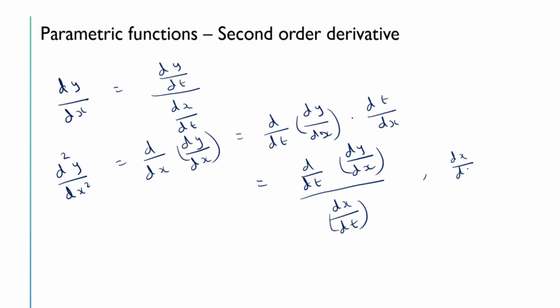So again dx by dt is not equal to 0. So this is how we have to find the second order derivative when the functions are given in the parametric form. We have to differentiate dy by dx with respect to t divided by dx by dt.